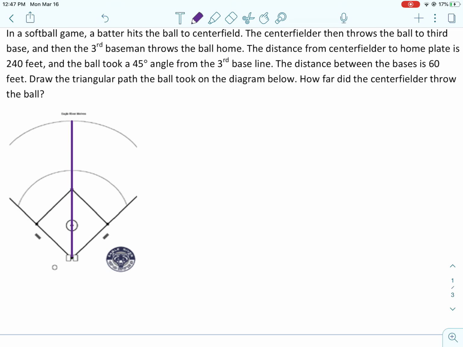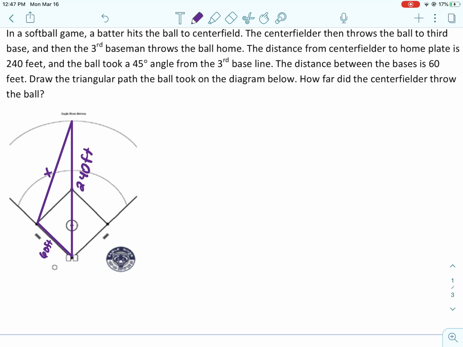All right, so we're going to go from home plate to center field. So just like straight to the middle. And it does tell you that's 240 feet. Okay, so that's the first. The center fielder gets the ball and then throws the ball to the third baseman, which the distance, we don't know.